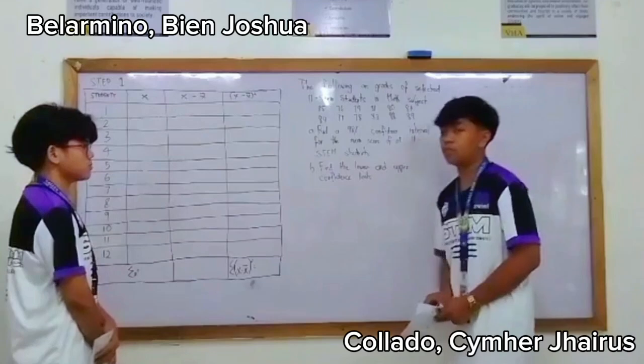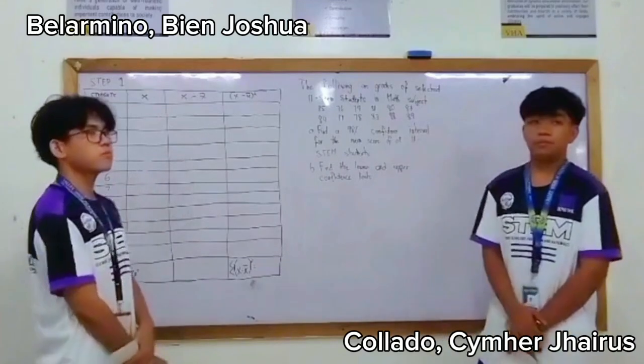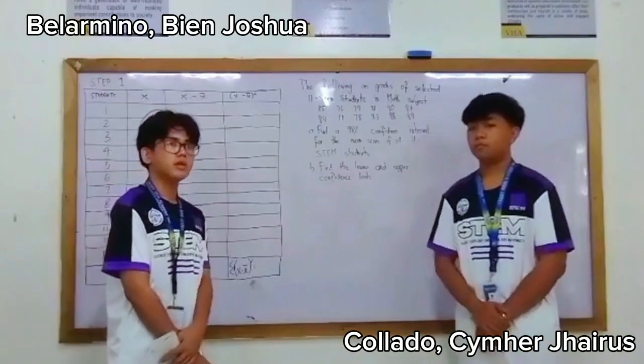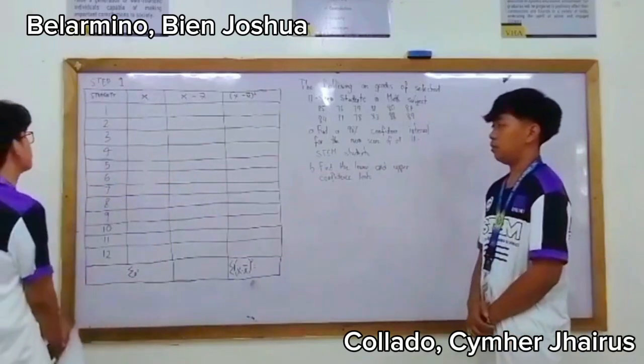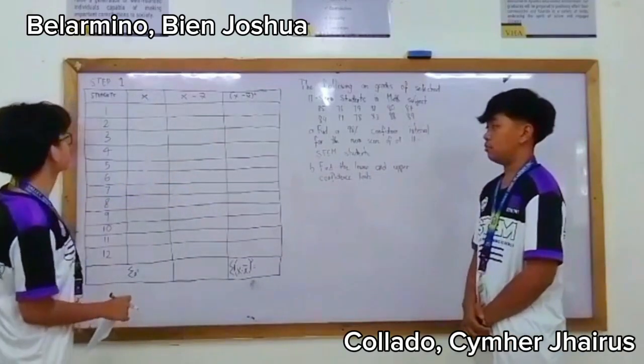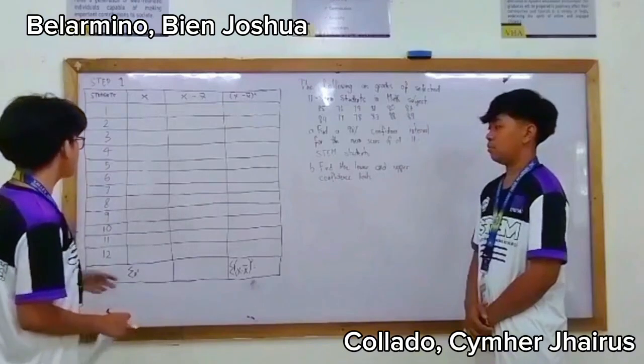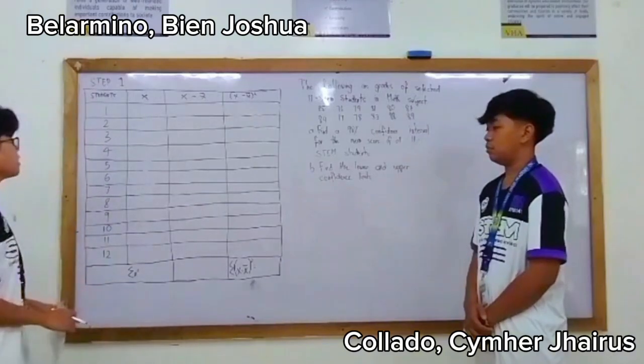So this earlier example will show us step 1. For step 1, we have to find the sample mean and the standard deviation. We have here a table that shows the students' number, which is 1, 2, 3, 4, 5, 6, 7, 8, 9, 10, 11, and 12.